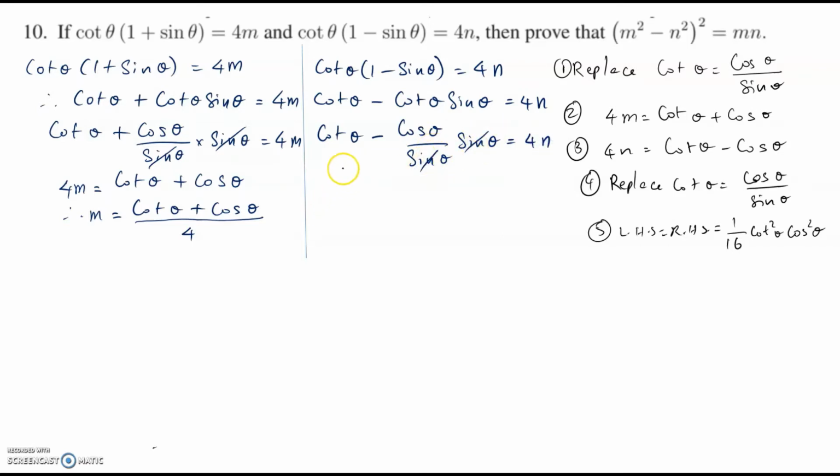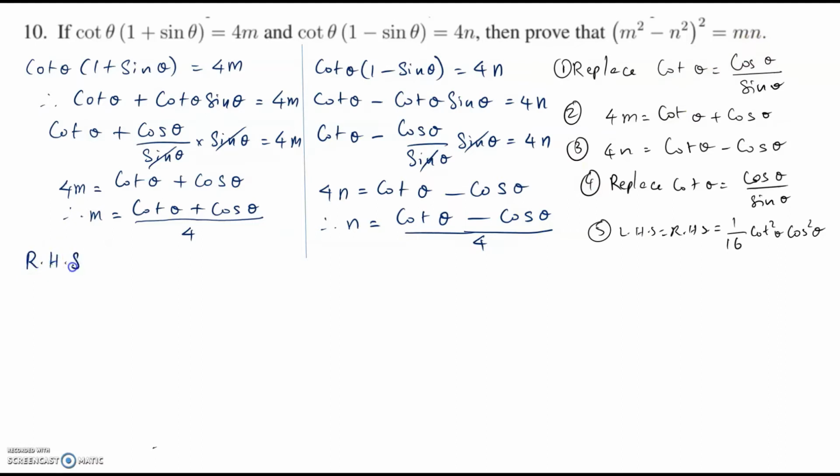Sine theta will get cancelled. So you're left with 4n is equal to cot theta minus cos theta. Therefore, your n is equal to cot theta minus cos theta divided by 4.